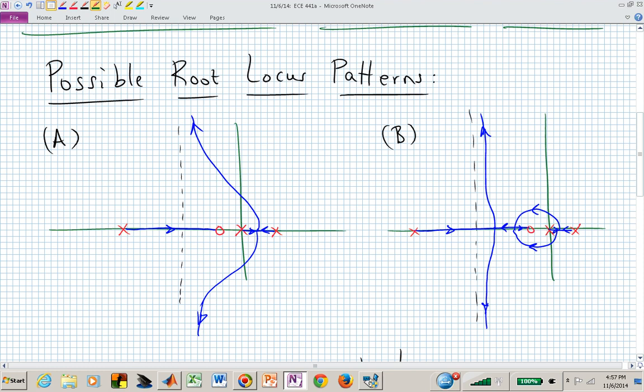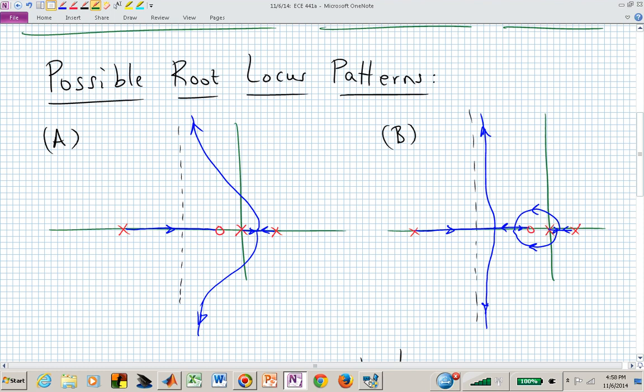Here are two different patterns for poles and zeros that look the same. It's just that their relative spacings might be a little different, but you could have root locus diagram A, or you might have root locus diagram B. They both have 3 poles and 1 zero.